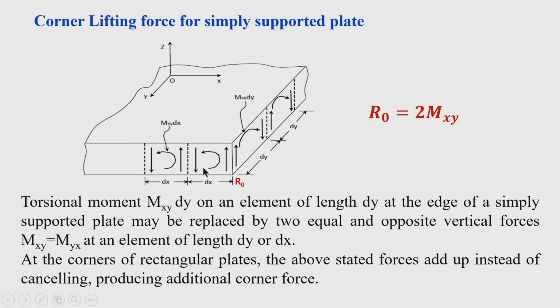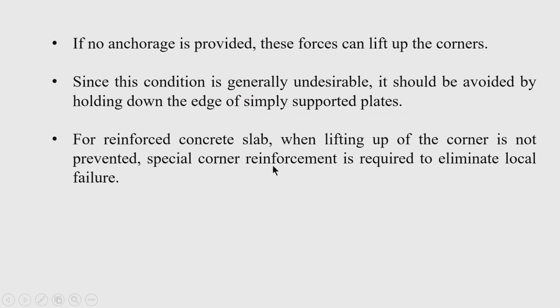Similarly, along the adjacent edge, the torsional moment Myx into dx will be replaced by two equal and opposite forces Mxy, and at the corner you can see these two forces add up and the reaction is R naught. So, R naught equal to 2 Mxy is the corner reaction. This happens in the case of a simply supported plate.